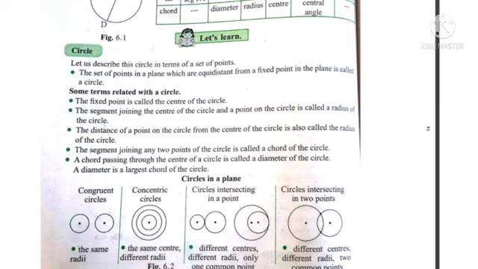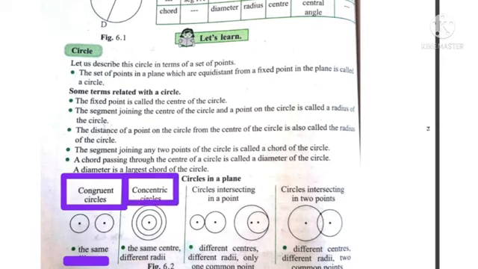Now, what are the different types of circle here given? See the figure. First is given congruent circles. What is the congruent circles? When the radii are the same, then we call it a congruent circle. Then concentric circles. Concentric means the same center and different radii.